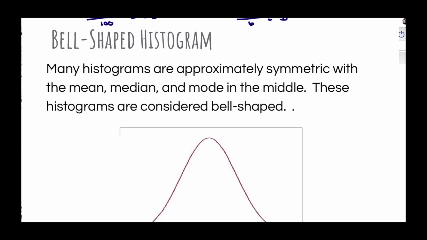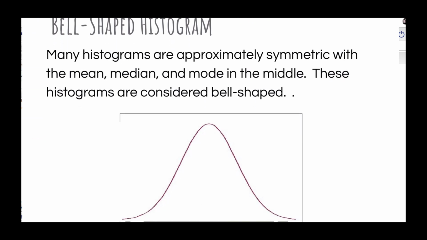All right, so moving on, bell-shaped histogram. So this is the outline of the tops of a histogram that is symmetrical. We call it a bell-shaped histogram. We can also call it a normal distribution.